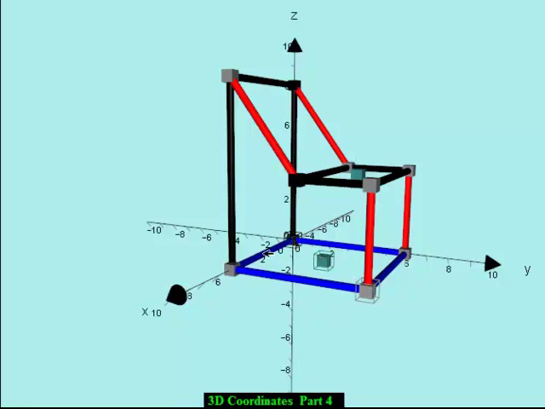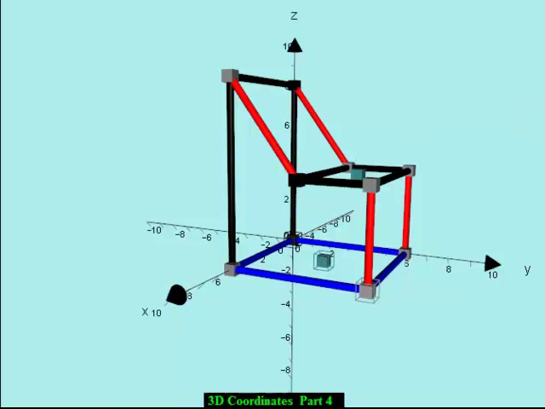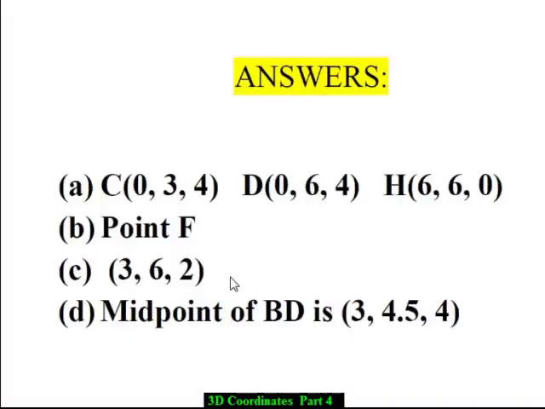So you're coming 3 along here and 3 that way. Does that help? So it's 3, 3, 0. There it is. Okay, well, I've done the questions I want to discuss. I'm ready to give you the answers now. Here they are. That's the midpoint of BD.